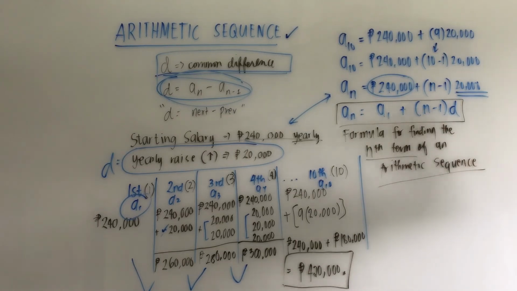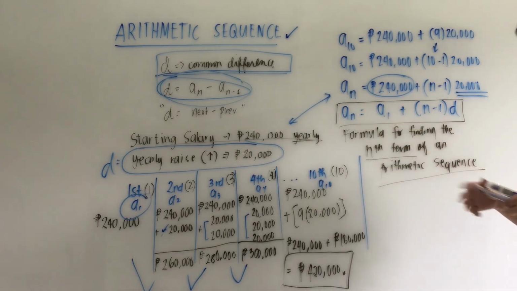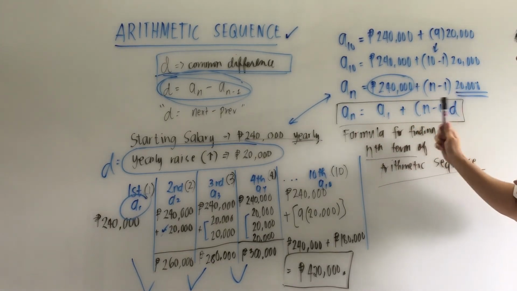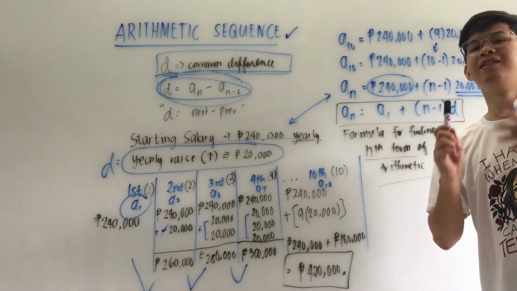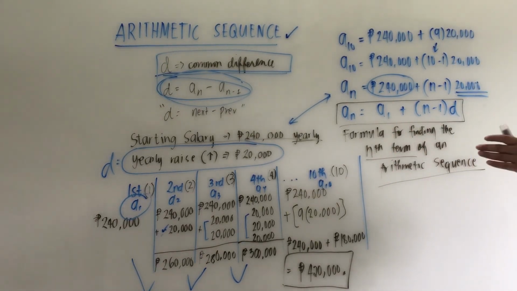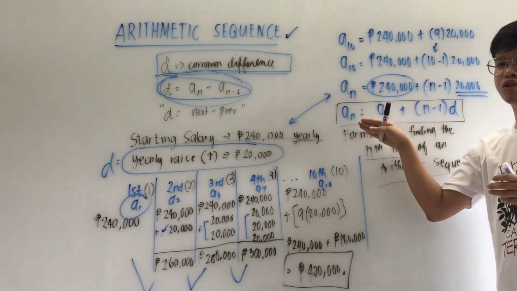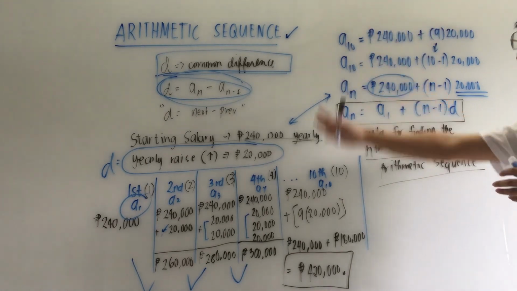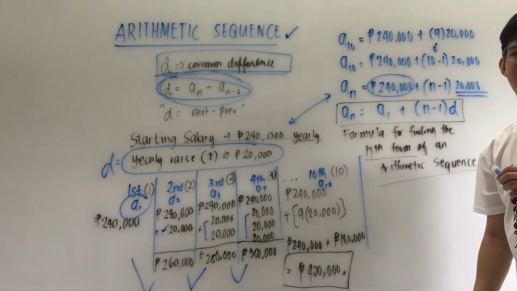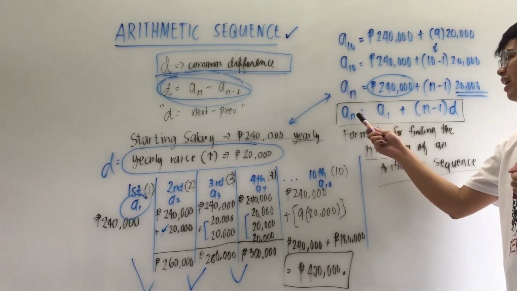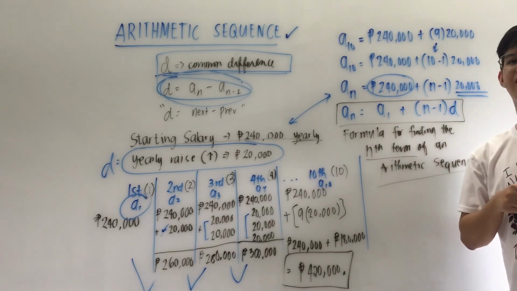So it's any term that you could input here. So again, "a night need and I need": A sub n equals A sub 1 plus n minus 1 times d. Now, for the next video, we will be discussing different examples whereas we apply this particular formula and then we solve for other specific problems. Okay? So now, again, remember, "a night need," that's the formula for the nth term of an arithmetic sequence.